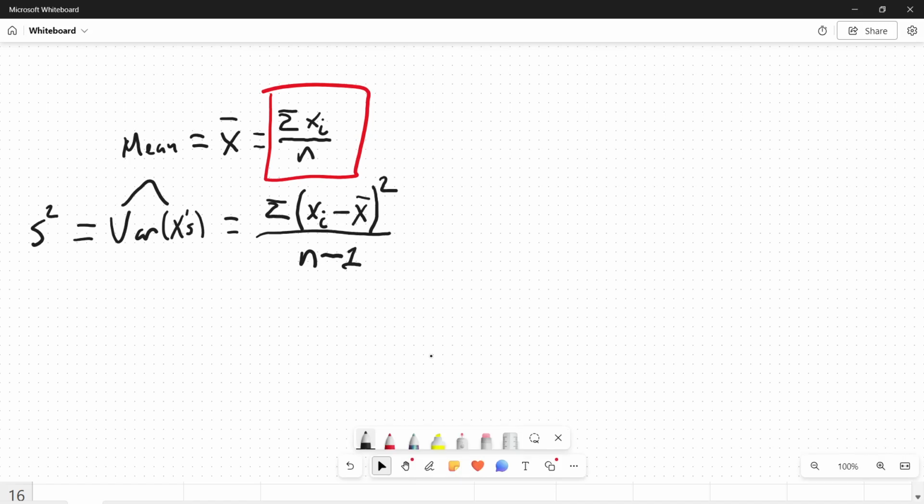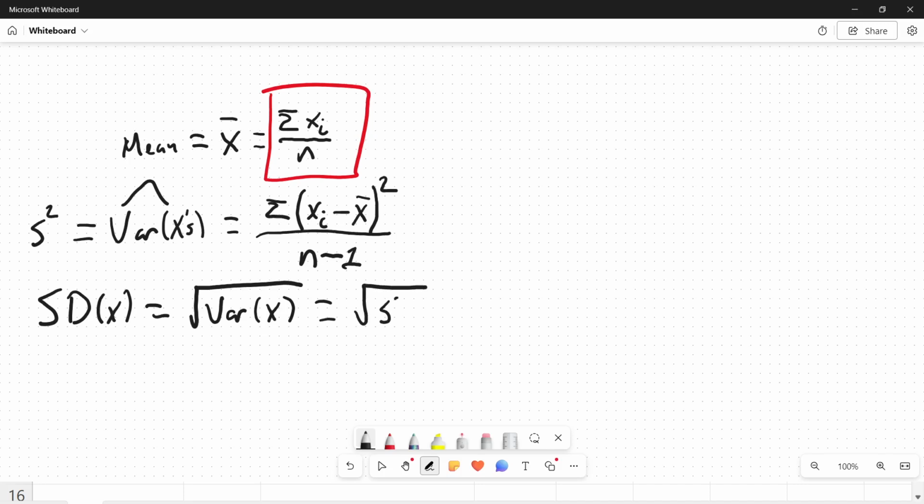Well, standard deviation, which we call SD, or SD of x, is equal to, easily enough, the square root of the variance of x. So let's just say the square root of s squared. And the square root of s squared sounds like a tautology because it's just going to take us in a circle right back to s.